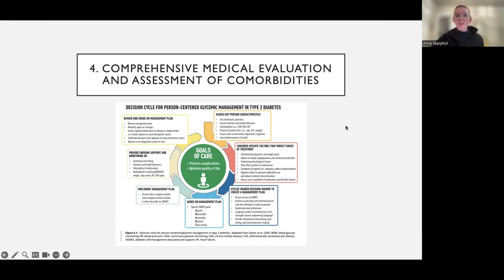And then as we go around the circle, we can see, the blue box is utilizing shared decision making. Some things that are important in that area are using patient-friendly language that patients understand.